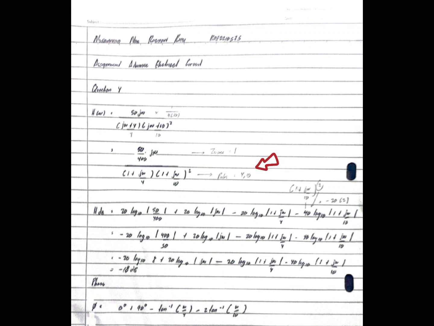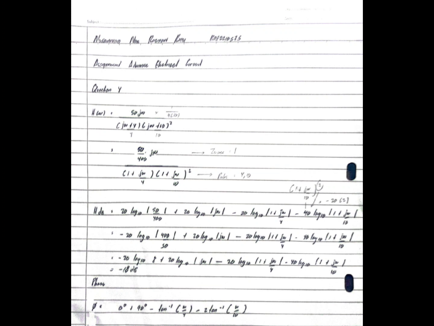For poles, as we can see, the poles we get are 4 and 10. For zeros, it is 1. As we know from the formula, zeros equal 20 log jω.